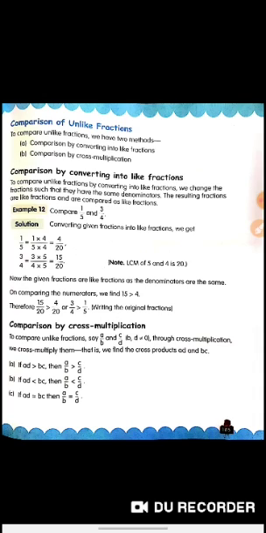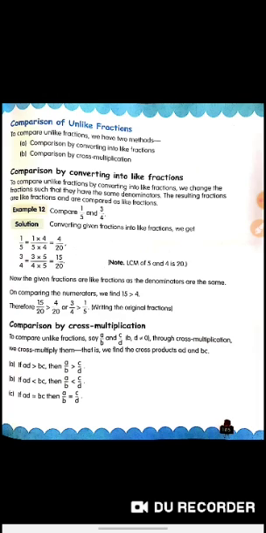Now see the first method, comparison by converting into like fractions. To compare unlike fractions, we convert them into like fractions. We change the fractions such that they have the same denominator. The resulting fractions are like fractions and are compared as like fractions.